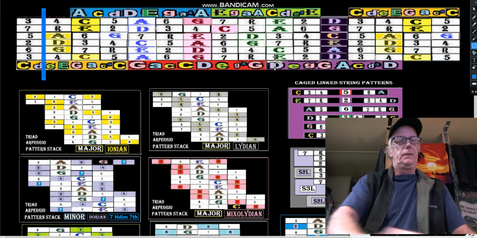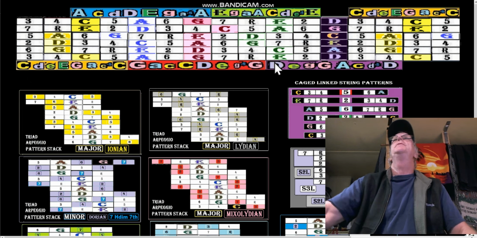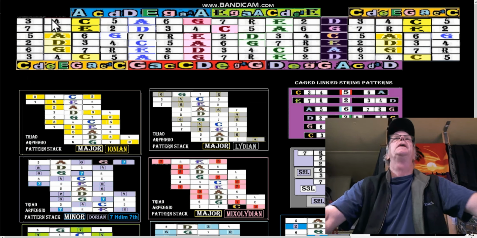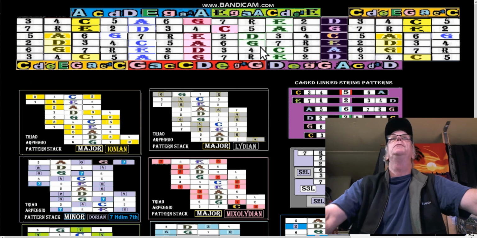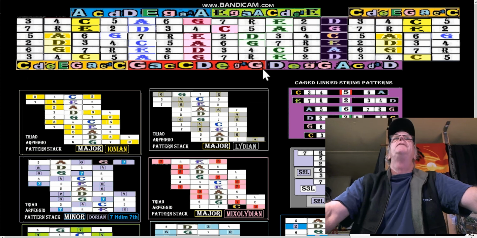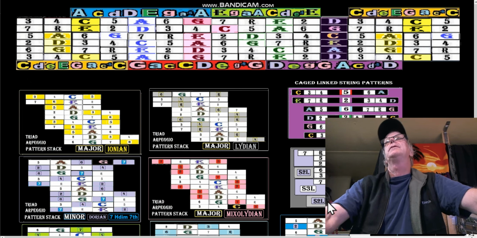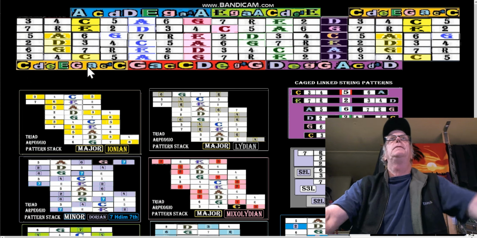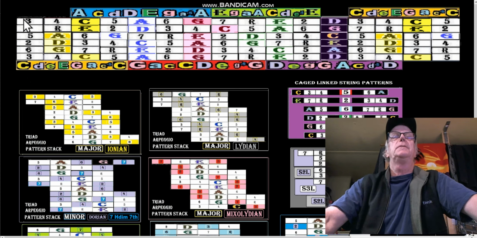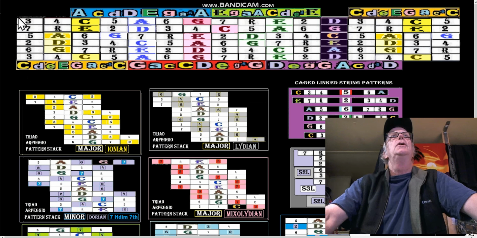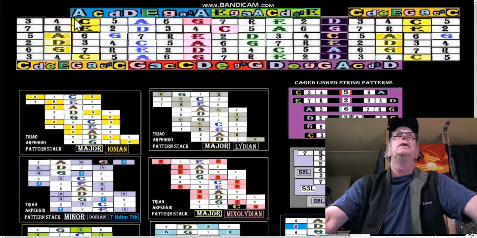So that's the situation. We can remove that drawing tool there because I have to move around a little bit. I've simplified this fretboard into cage shapes. I'll just outline things with my pointer here. So this is the C cage shape, and then we have the A cage shape here.